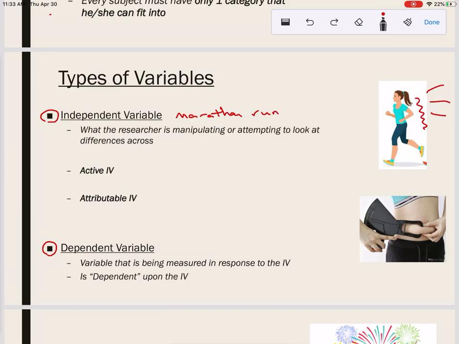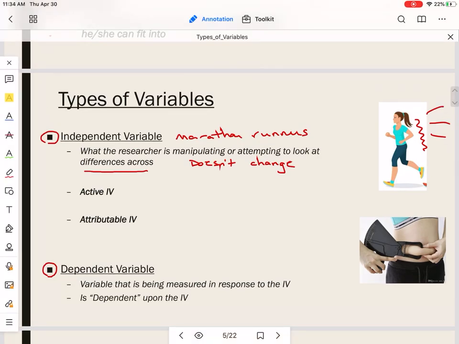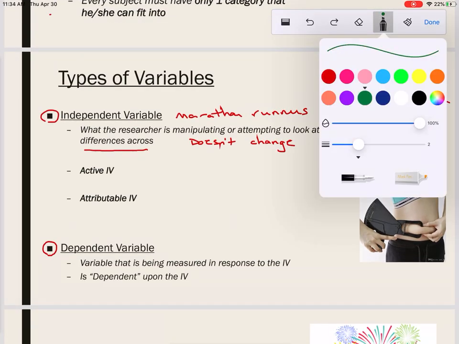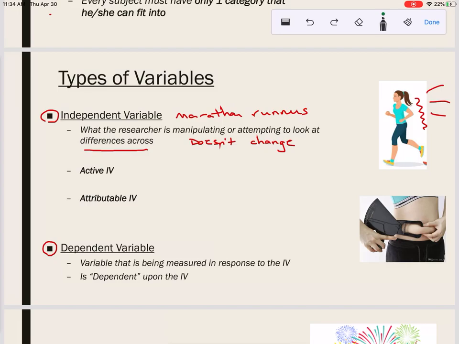Everyone loves the good old-fashioned skin fold. What would be the independent variable? The independent variable would be marathon runners. So we're looking to see differences across marathon runners. And of course, during the course of a study, the independent variable doesn't change.